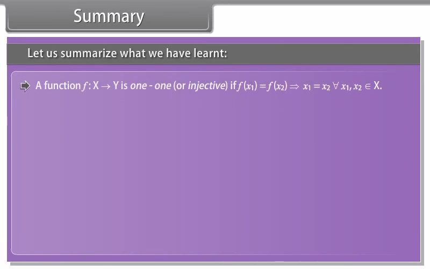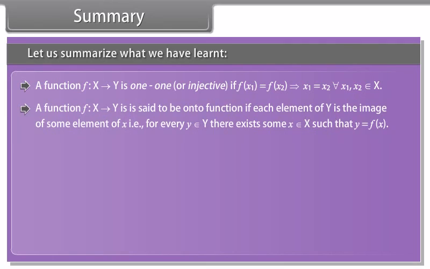A function f from X to Y is 1-1 or injective if f(x1) = f(x2) implies that x1 = x2 for each x1, x2 belongs to X. A function f from X to Y is said to be onto function if each element of Y is the image of some element of X, that is, for every y belongs to Y, there exists some x belongs to X such that y = f(x).